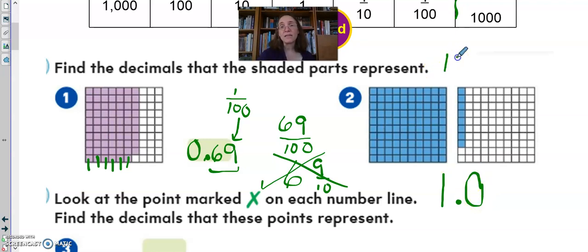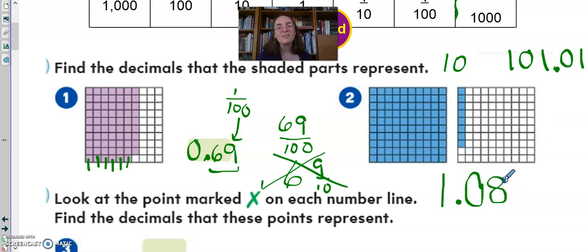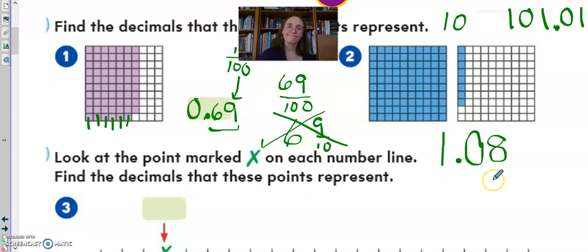Just like in the number 10, there are no single ones. And in the number 101, there are no tens. And in the number 101 and 100th, there are no tens or tenths. So that 0, we use it to say we don't got any of that. And that also helps me shove the 8 over into the hundredths place. We would say this is 1 and 8 hundredths.